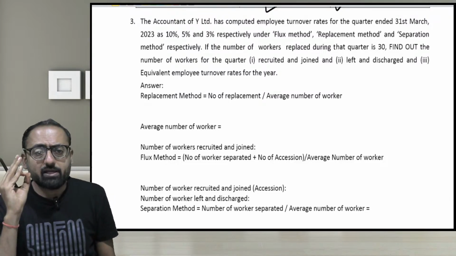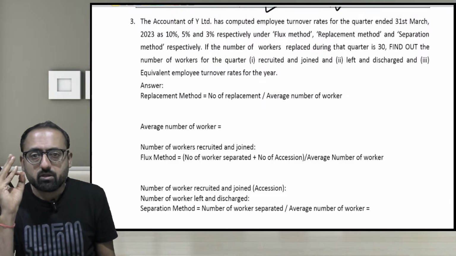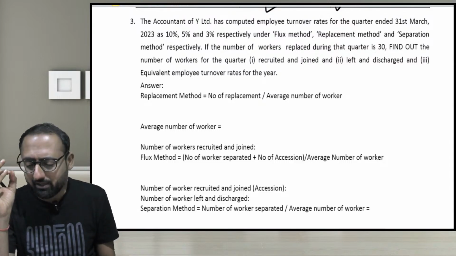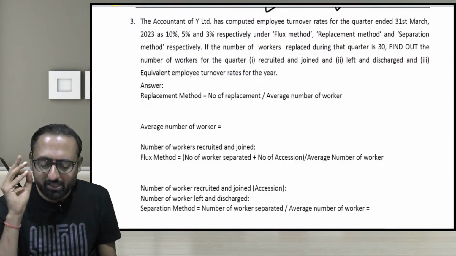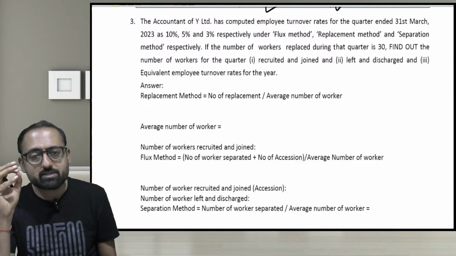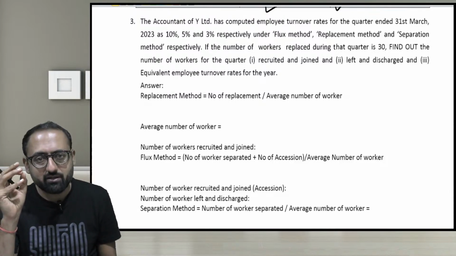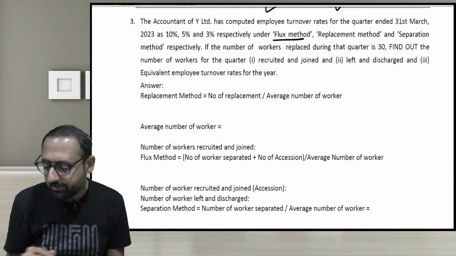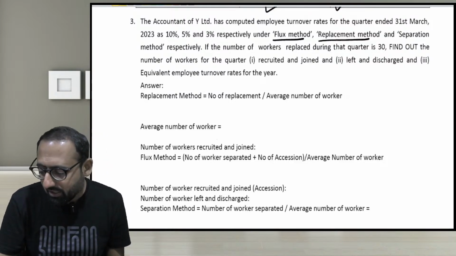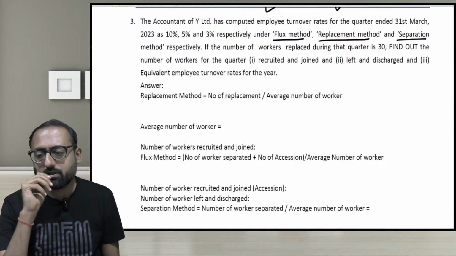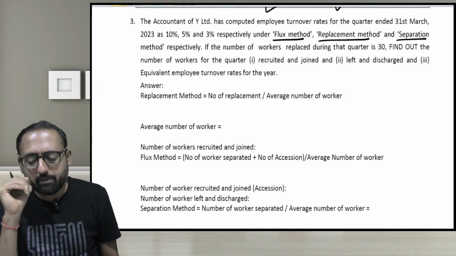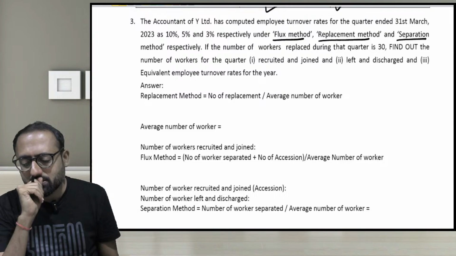The accountant of Y Limited computed employee turnover rate for the quarter ended 31st March 2023 as 10%, 5%, and 3% respectively, under flux method, under replacement method, under separation method. My question to you, online students, quickly type the answer.